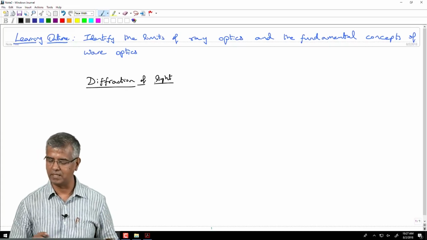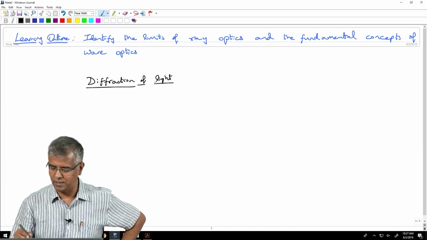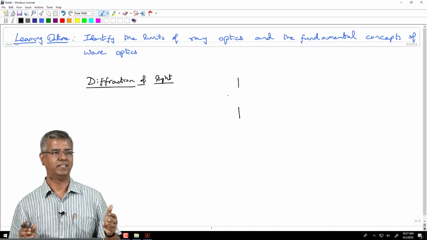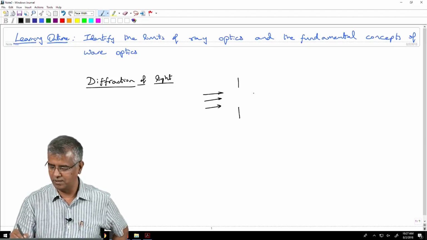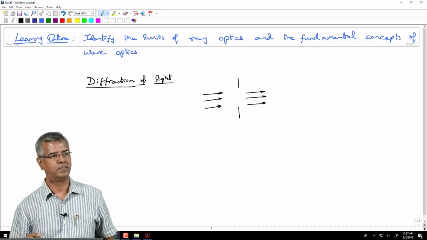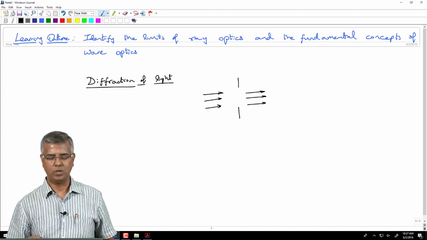So, what is diffraction? Now, whatever we have been saying so far, or whatever we have been seeing so far, is that when you have a large opening, you can use ray optics to see what is happening on the other side, right. And when I say large, what exactly do I mean?